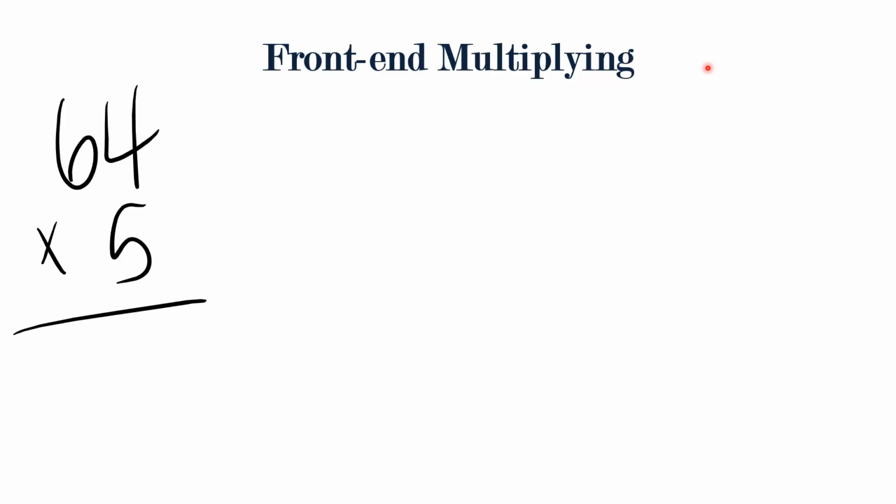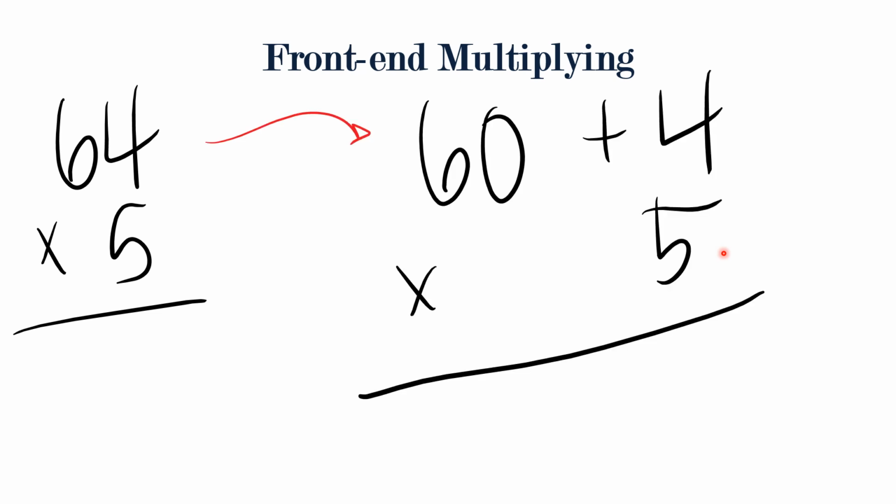All right, so when multiplying mentally, people generally like to start with the larger quantities first. You're going to take 64 and break that down into 60 plus 4. Now, some students noted that they preferred to write it in the following way.